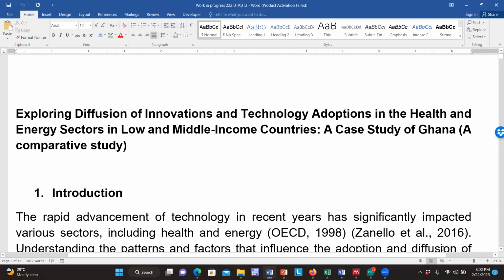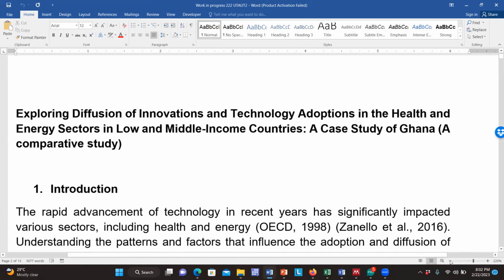Exploring diffusion, innovation and technology adoption in the health and energy sector in low and middle income countries, right? A case study of what? Ghana, a comparative study. Okay, so in our mind, Kobna should be doing what? A qualitative study, right?